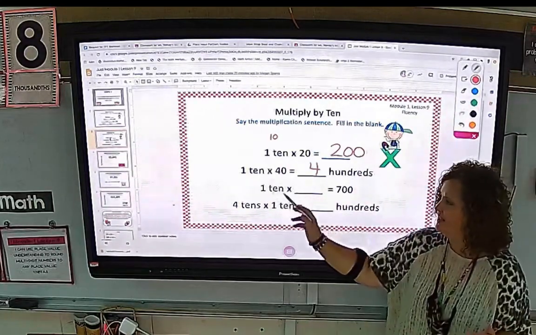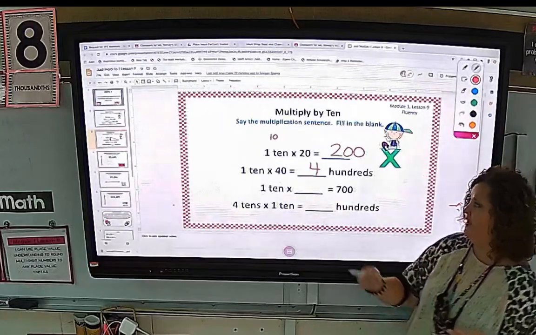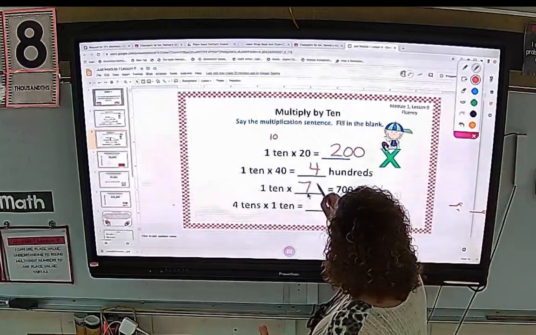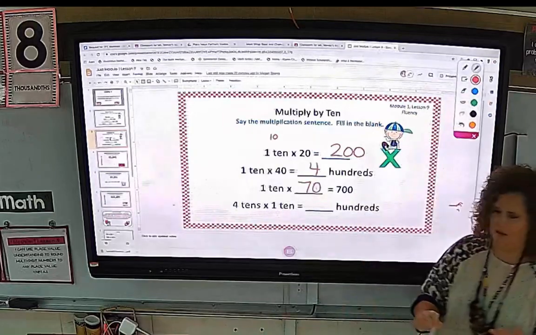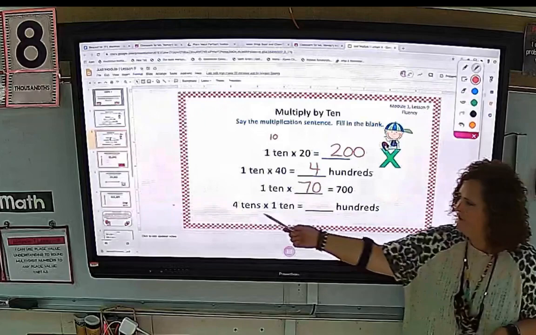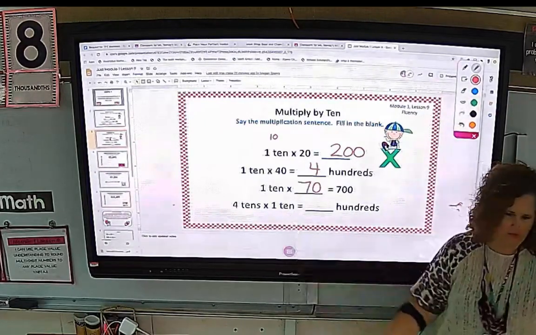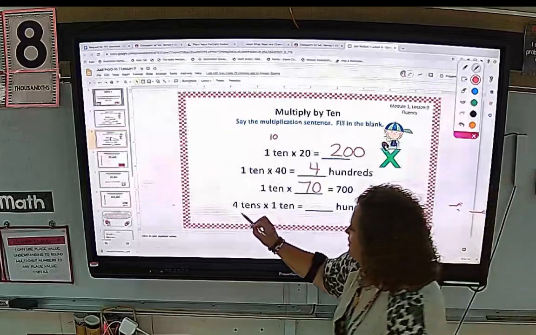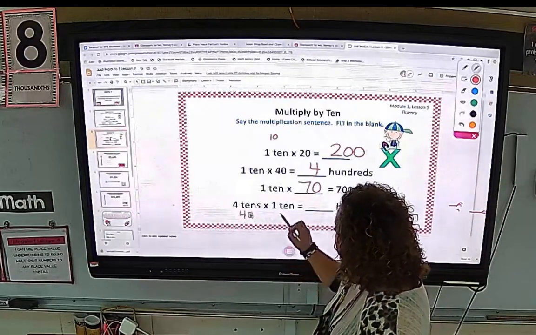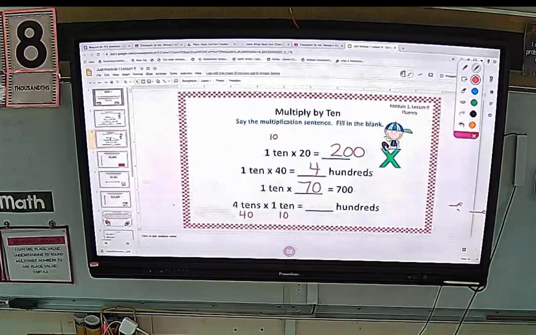Okay, so 1 ten times what equals 700? 70. Okay, good. Okay, this makes more sense the more you do it. Okay, 4 tens times 1 ten. And if you have to, think in your mind what digits those are. This is this, and this is this, equals how many hundreds? Yeah. 400.